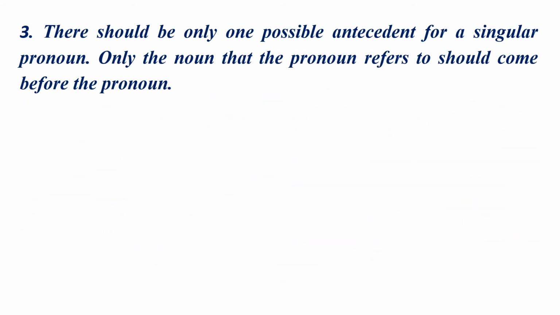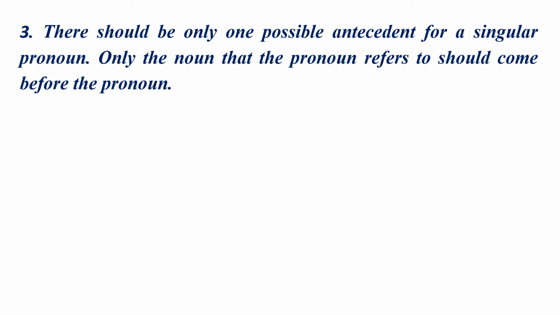Number 3, there should be only one possible antecedent for a singular pronoun. Only the noun that the pronoun refers to should come before the pronoun. In our previous slide, we came to know that your antecedent must be a singular one.